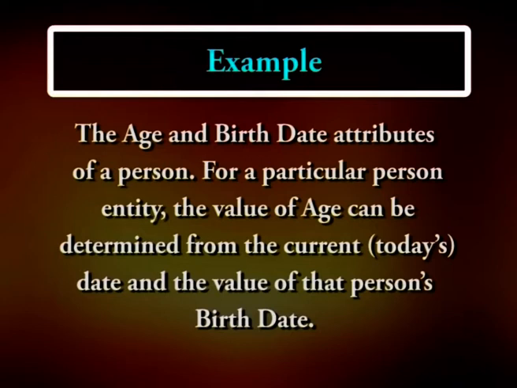For a particular person entity, the value of age can be determined from the current or today's date and the value of that person's date of birth. The age attribute is hence called a derived attribute, and it is said to be derivable from the birth date attribute, which is called a non-derived attribute.